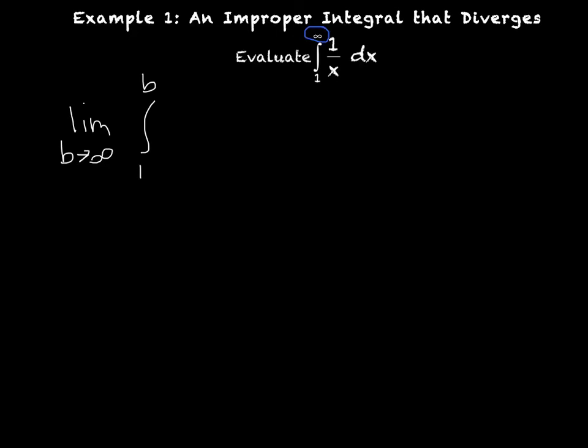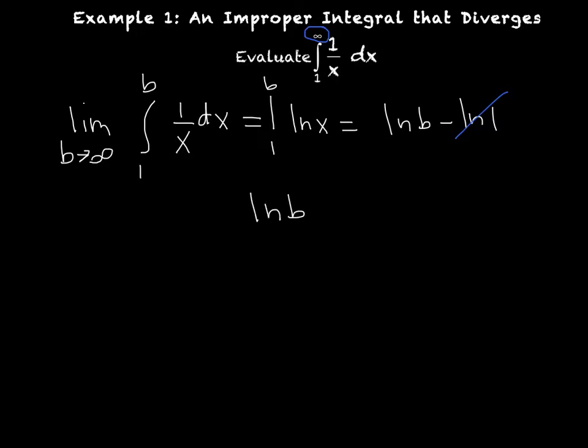So the integral of 1 over x dx is going to give us the natural log of x evaluated from 1 to b. That's the natural log of b minus the natural log of 1. The natural log of 1 is simply 0, so that goes away. Now we are left with the natural log of b, and we take the limit as b approaches infinity.